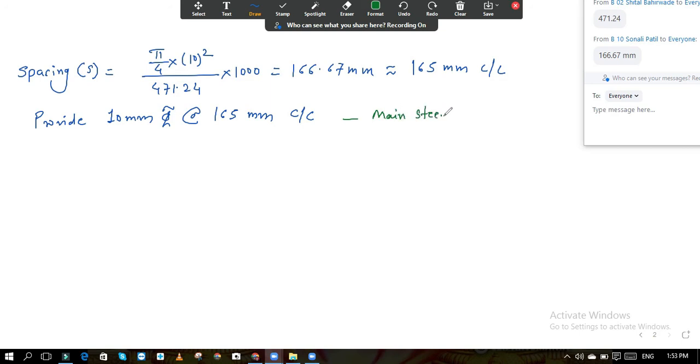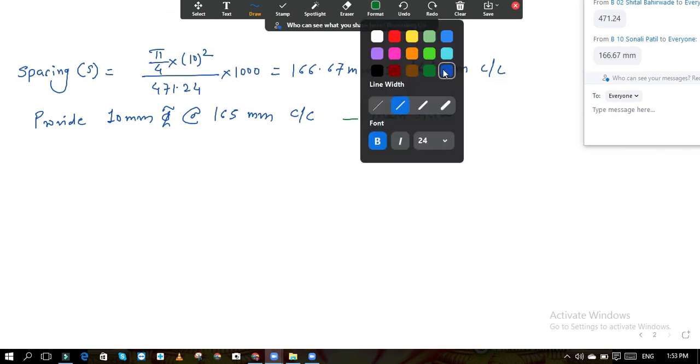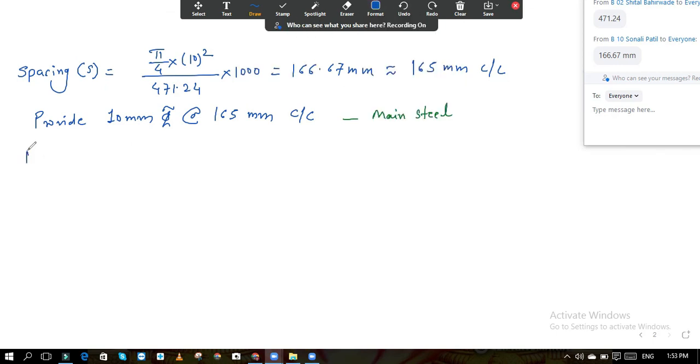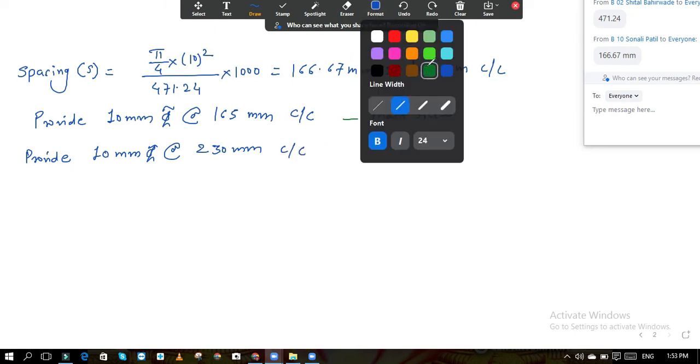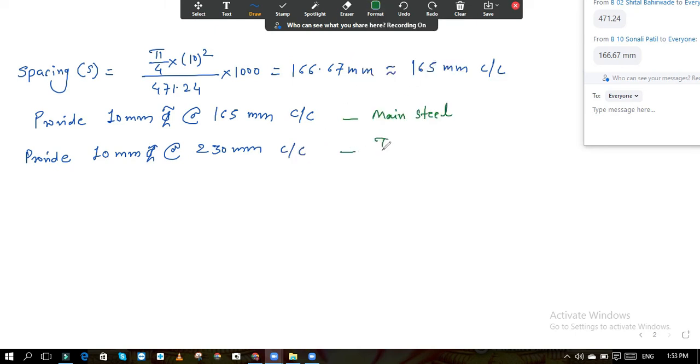This is main steel. And now top extra bars we need to provide. So here we can write provide 10 mm bar about 165. So just double this spacing, 230 mm center to center. So these are our top extra bars.